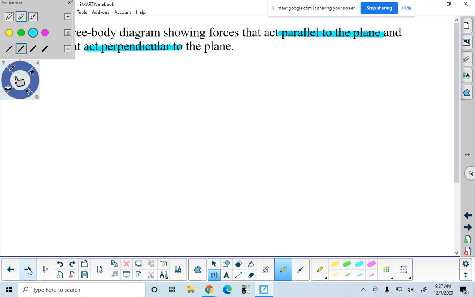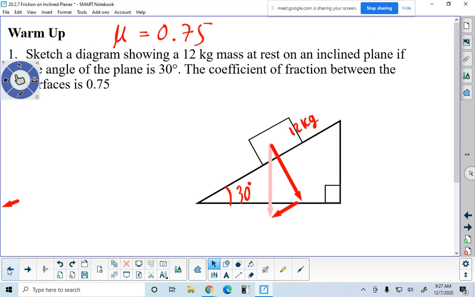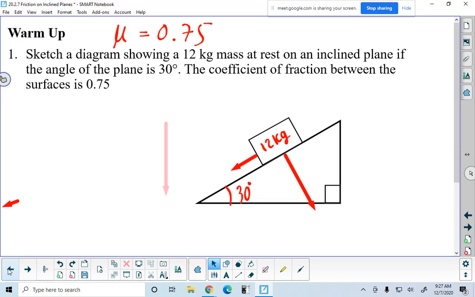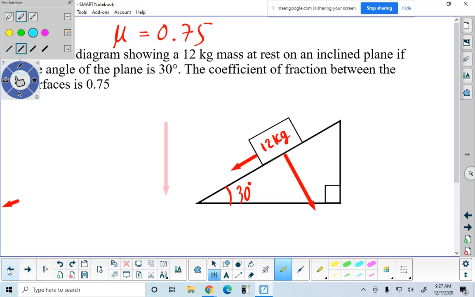So now we're going to start drawing things. What we are going to draw, we're not going to use this force of gravity. We're going to draw these two forces. So those are the two forces acting perpendicular to the plane and parallel to the plane. And what we call the perpendicular force is the force due to gravity that is perpendicular to the plane.